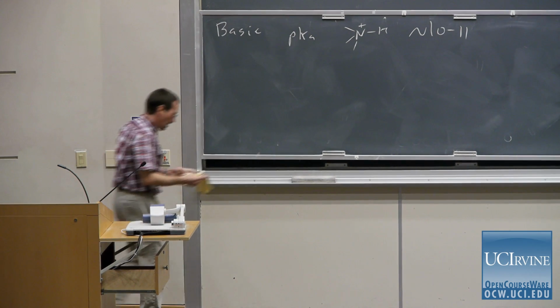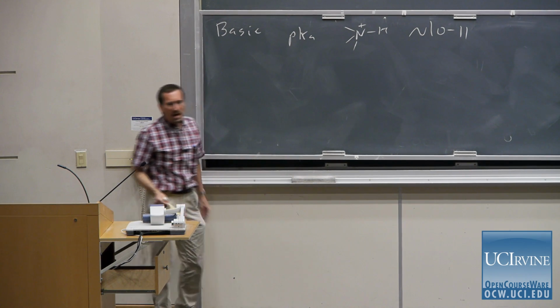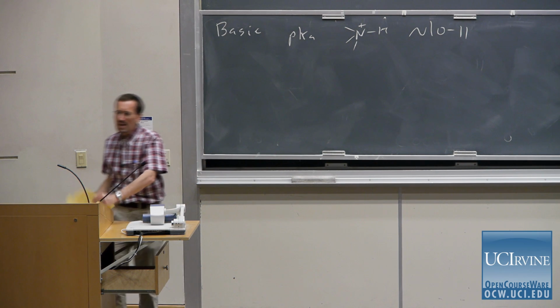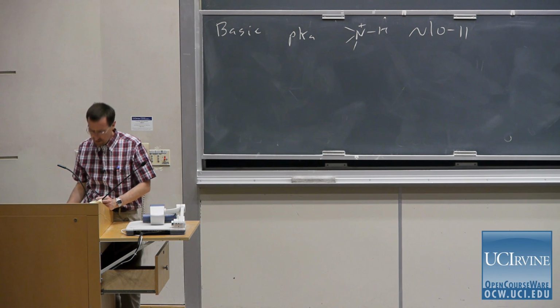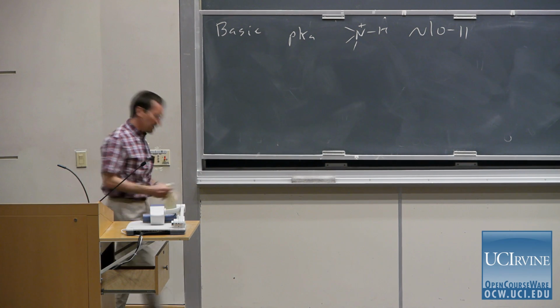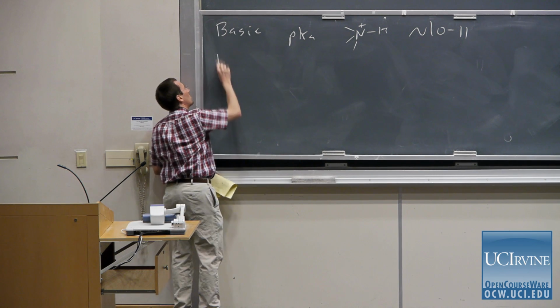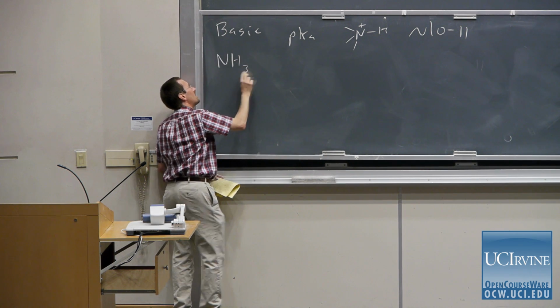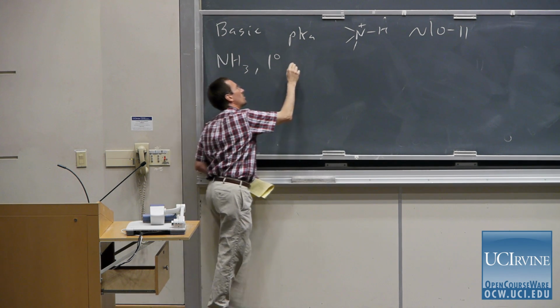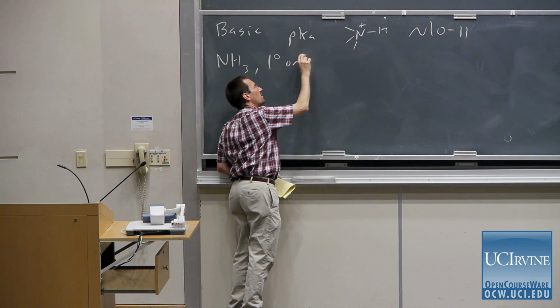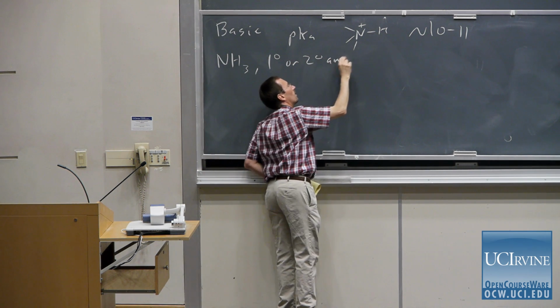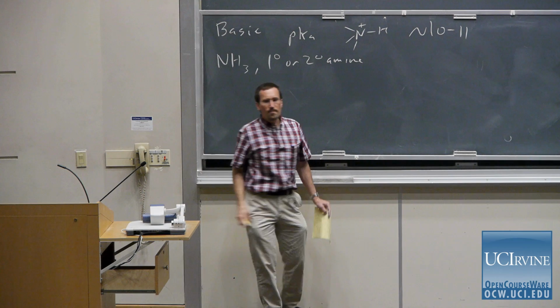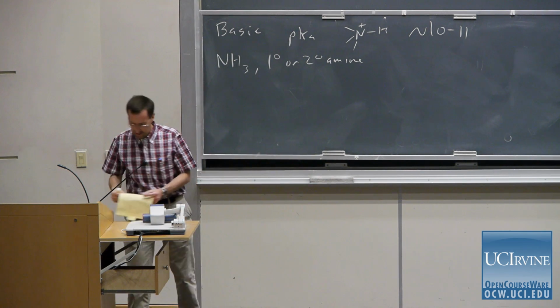Doesn't much matter. Now, what a lot of students find confusing, and I hope by this point you don't, but it's always good to have a reminder, is that if you have ammonia or a primary or secondary amine, all of these compounds are amphoteric.